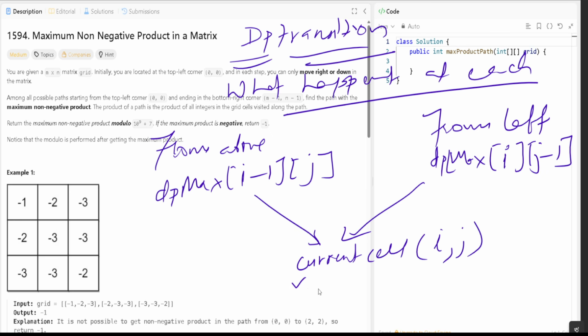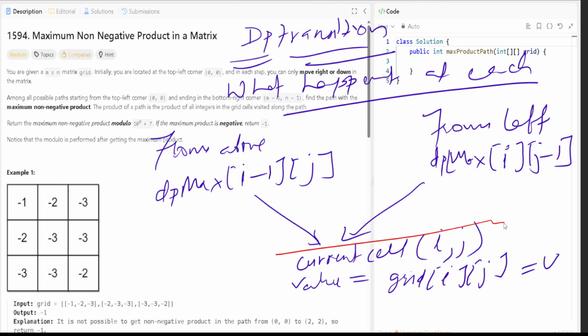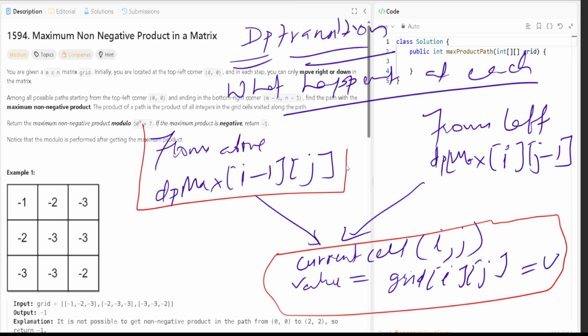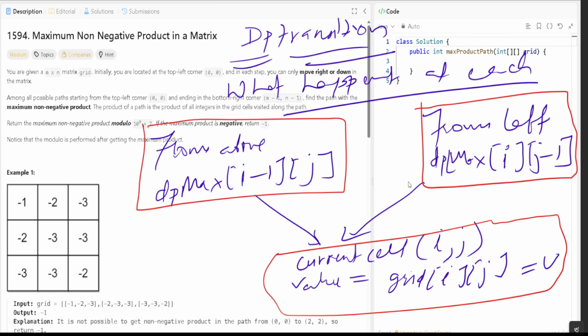How will you get the value? The value at the current cell is grid value i, j, correct? Some value will be there. So what I'm trying to say is, at the current cell you are getting some value from above, meaning i minus 1, j, and from the left, i, j minus 1, correct?